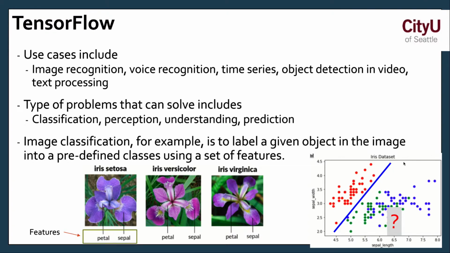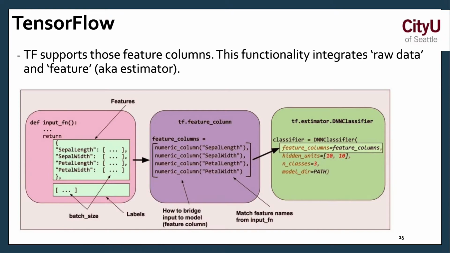Next, now that we've learned about creating this line to do the classification, that boundary, how is it possible? TensorFlow supports feature columns. This functionality integrates raw data and features, aka the estimator. So you first have the features, your input function, and you define what the features are.